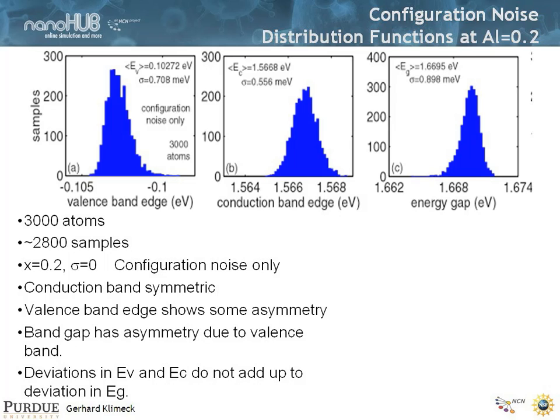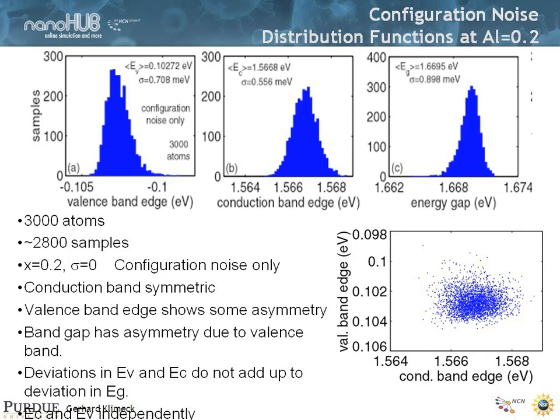So now you can see that the noise of 0.7 and 0.5 don't quite add. Okay, so the width of this curve in the middle and the width of this curve on the left don't quite add to the width of that curve on the right. So that is sort of an indication that the two are not correlated. Okay?